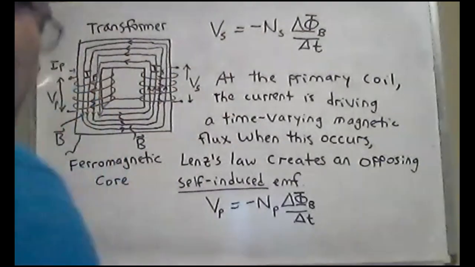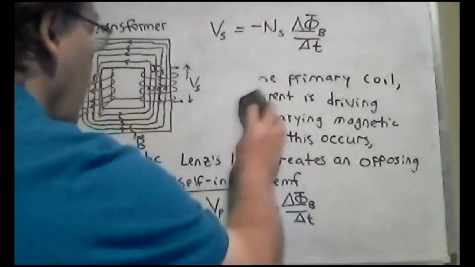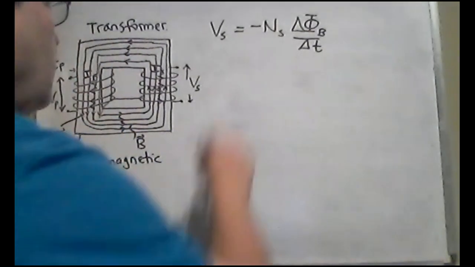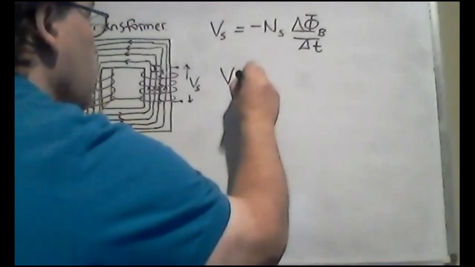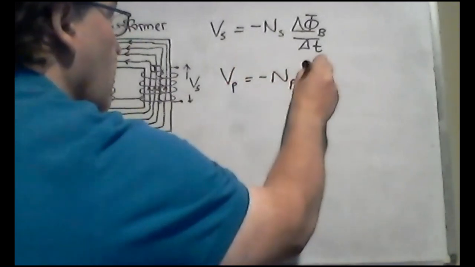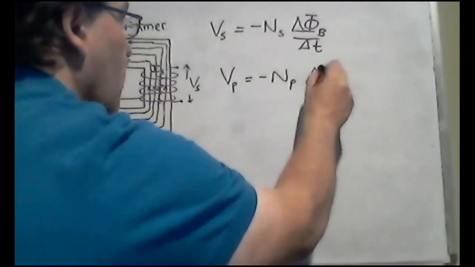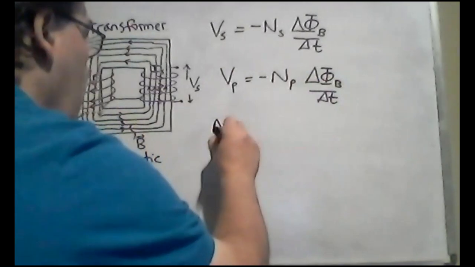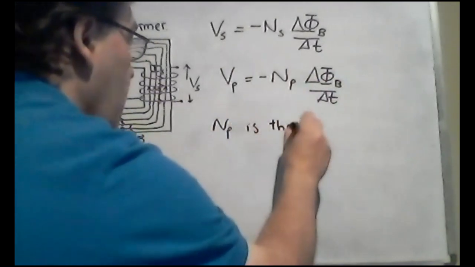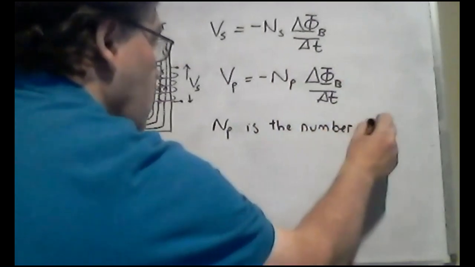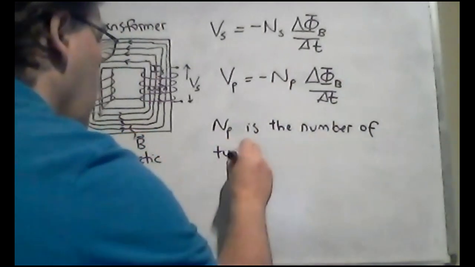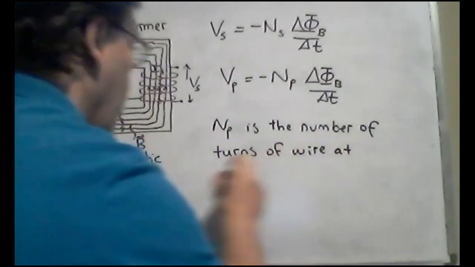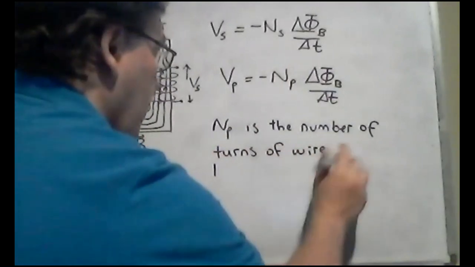Okay, so we have these two equations, one at the secondary and one at the primary. And again, remember, N sub P is the number of turns of wire of the primary coil.